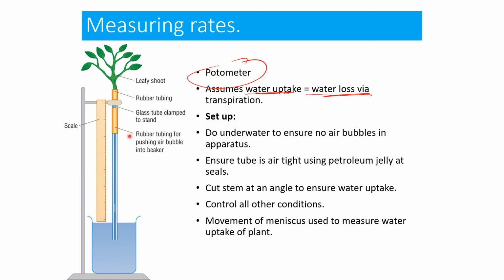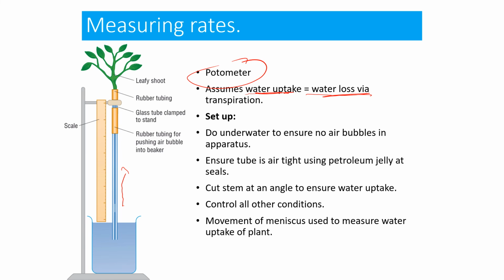What you can then do is insert an air bubble into the tubing, and then you can record over time, in whatever conditions you decide to change, how far that air bubble moves in a certain amount of time, and that can then be used to calculate the rate, which we'll look at in a moment.